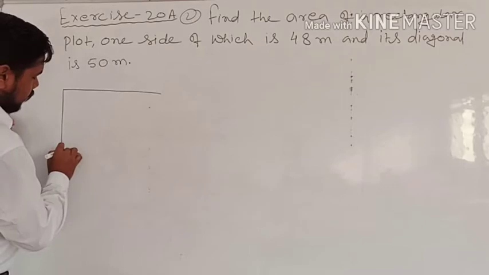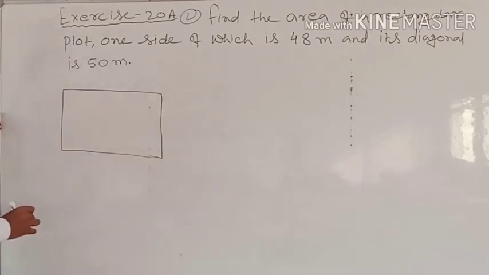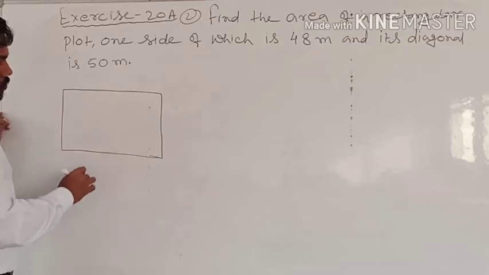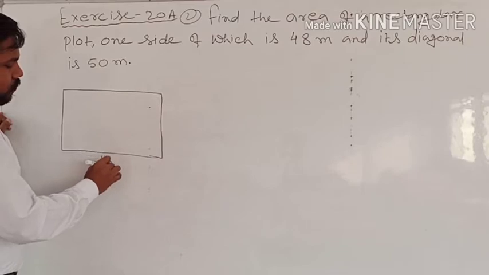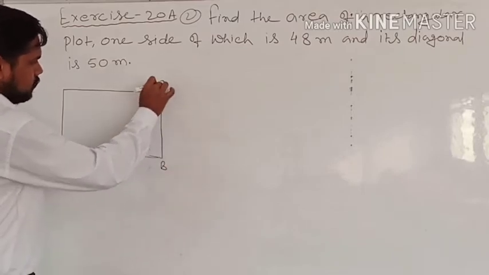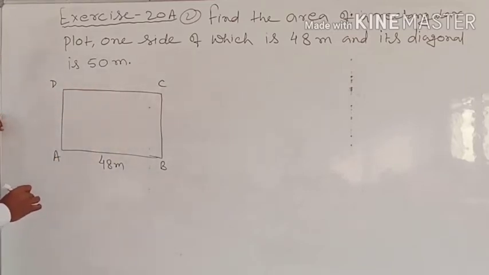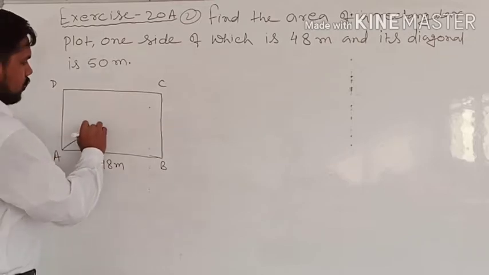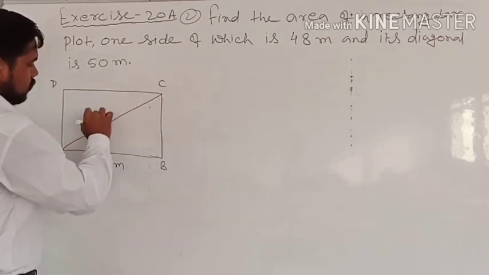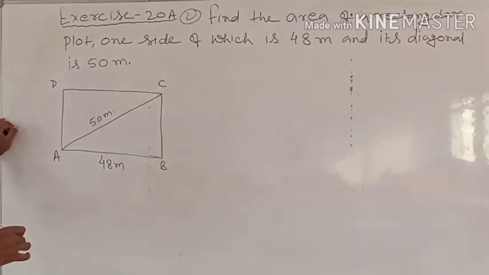Suppose this is the rectangular plot, with vertices A, B, C, D. One side, suppose this side, is given as 48 meters, and its diagonal, this one, is 50 meters. Now you have to find the area of the rectangular plot.